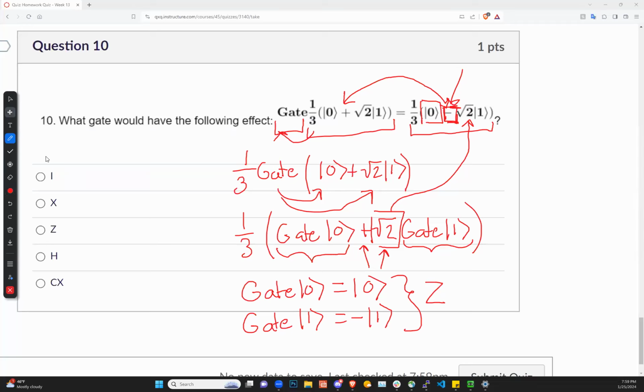So the correct answer here is this third option, which is Z. Are there any questions about how I figured this problem out? All right. If not, you all are free to submit your homework quiz, get that nice 10 out of 10.